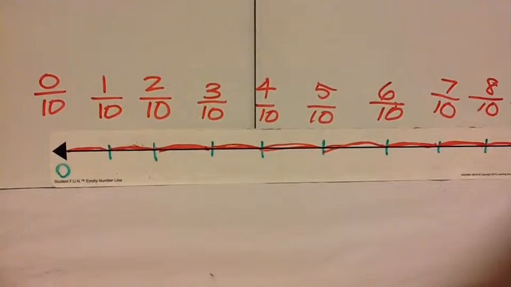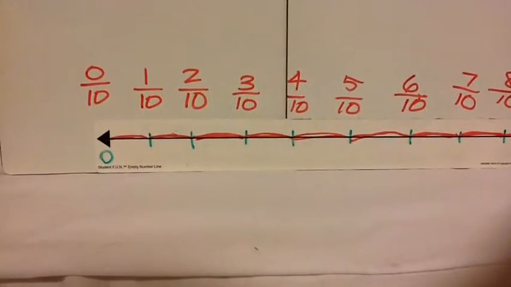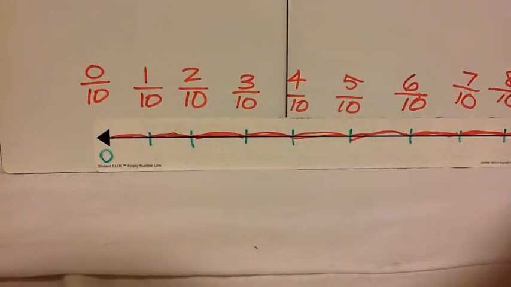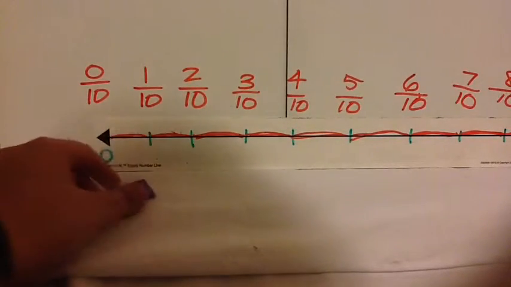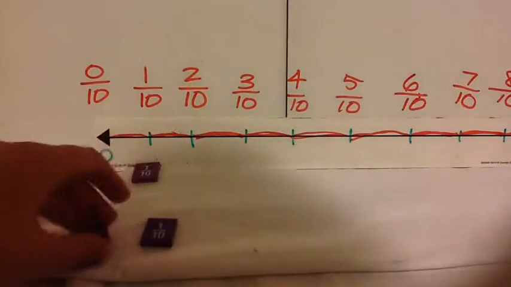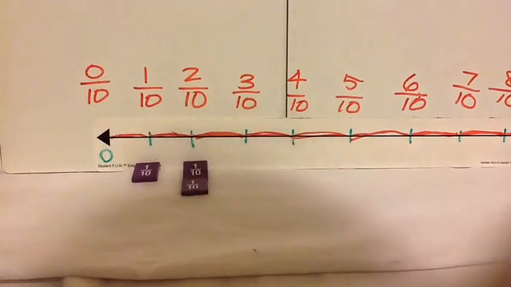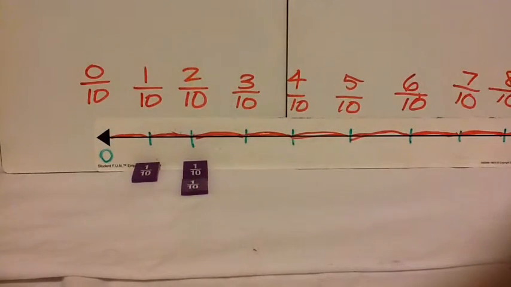Okay, so I'm going to show you visually, using manipulatives, exactly what's going on. So if I have nothing here, and I have 1/10 here, that's what 1/10 looks like. In this next one, I have 2/10. So then there's 1/10 plus 1/10 equals 2/10.